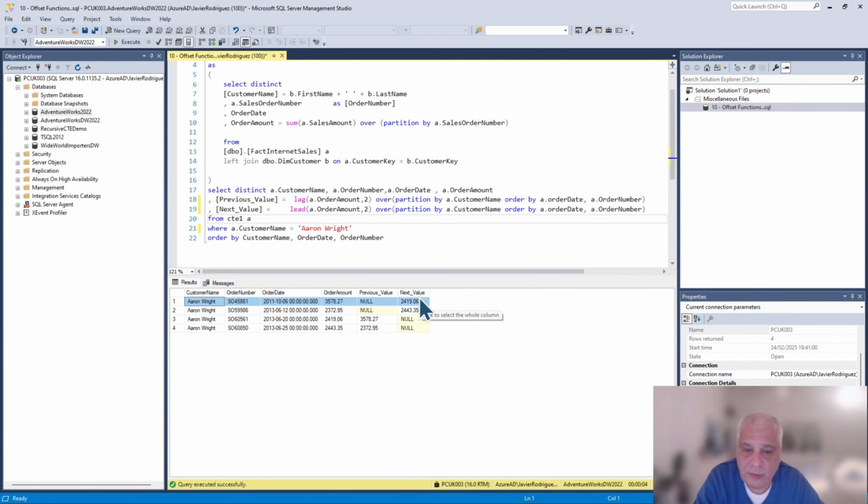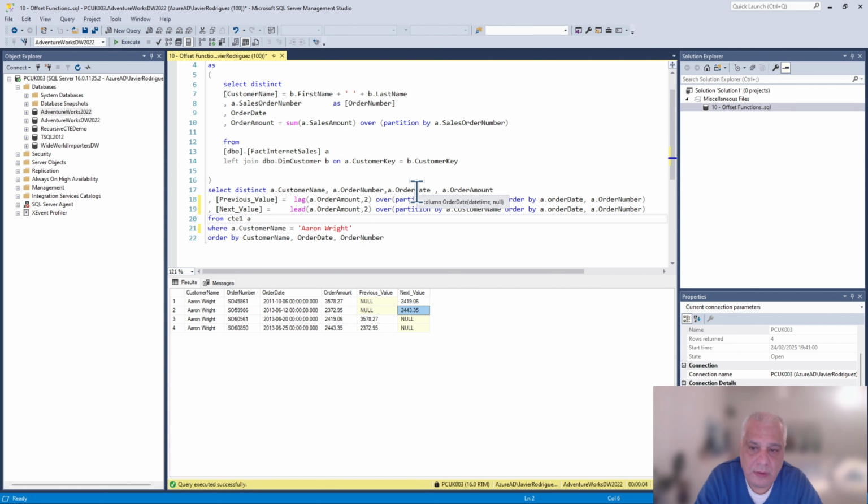The next 2 values will be 1 and 2, so it's right. It's 2,419. For this order, we don't have 2 previous values, and the following 2 values is 2,443. So this behavior is quite straightforward.